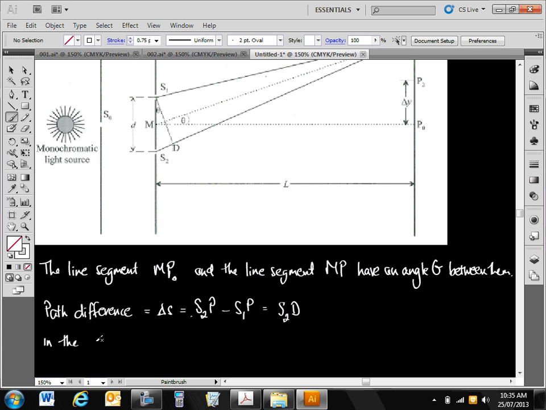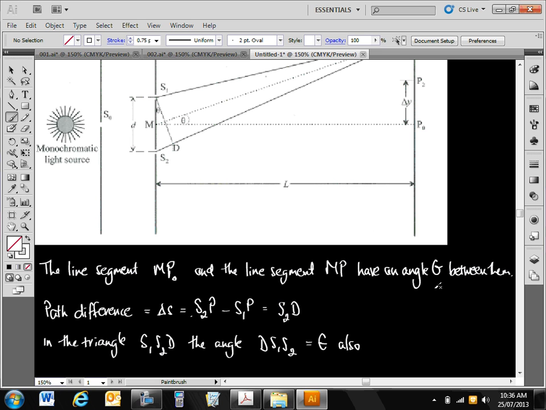In the triangle S1, S2, D, the angle DS1S2 equals theta also.